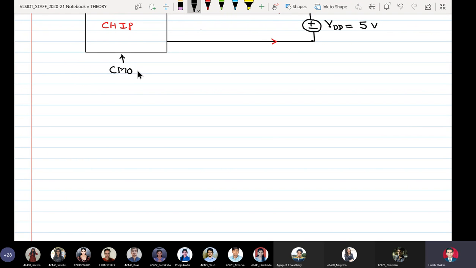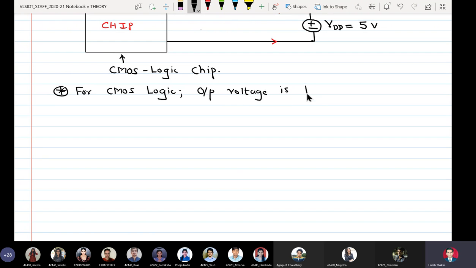We are assuming that this is a CMOS logic chip. Okay, and we discussed before that for CMOS logic, the output voltage is rail to rail.